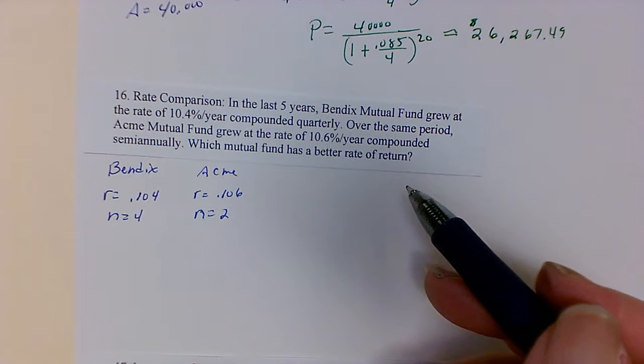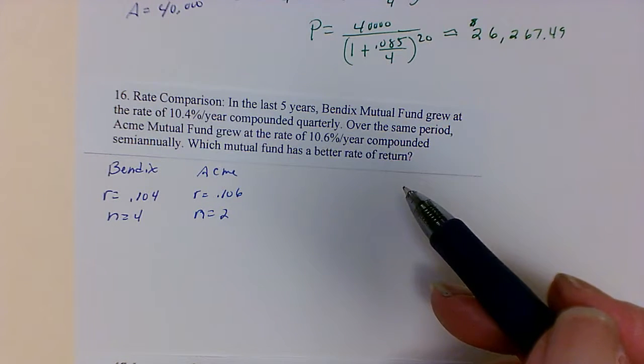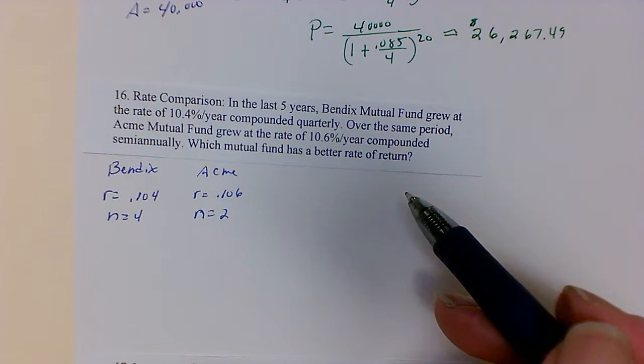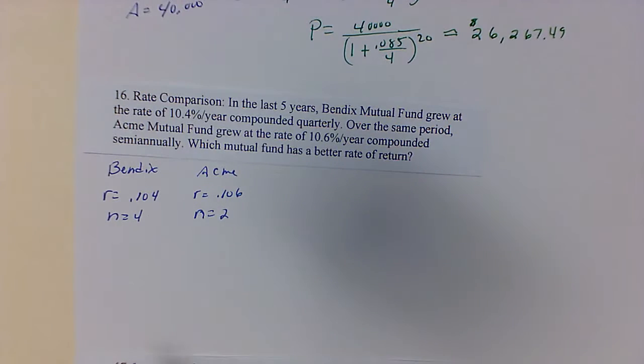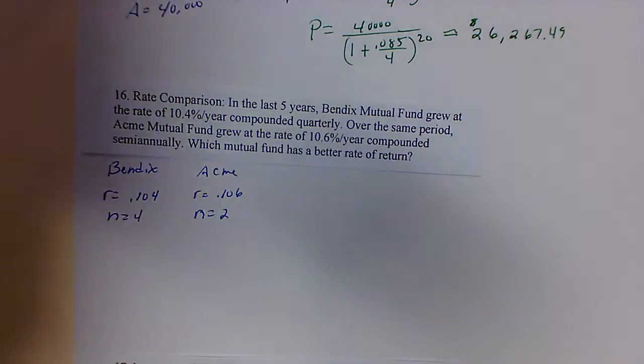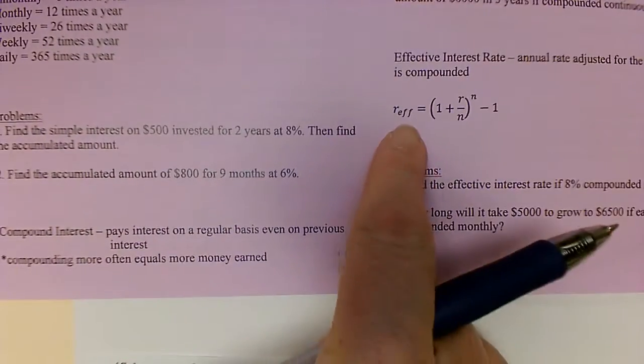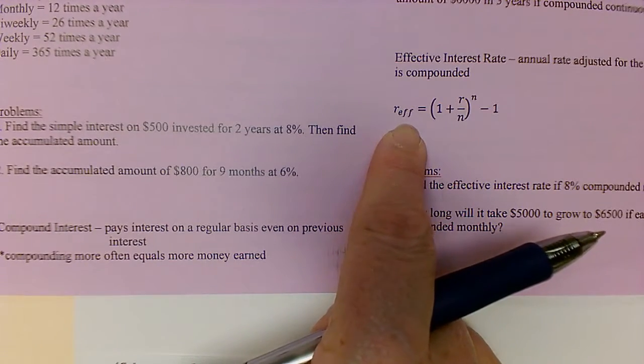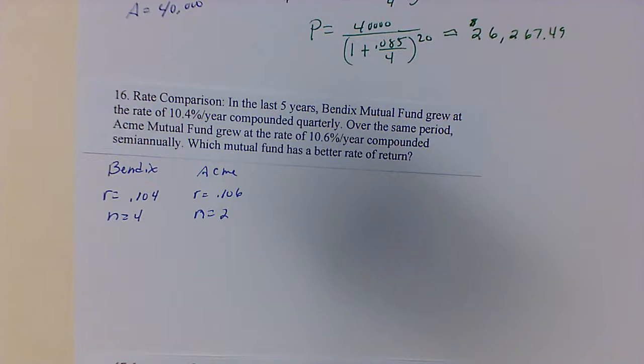Which mutual fund has a better rate of return? So this is where we can't use the formulas we've been using, but we're going back to our R_EFF. That's where we're going to figure out which rate is effective. Okay, it's an effective interest rate.